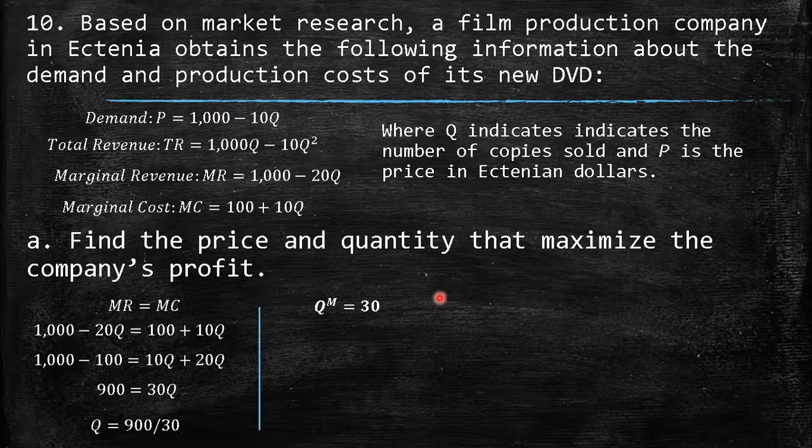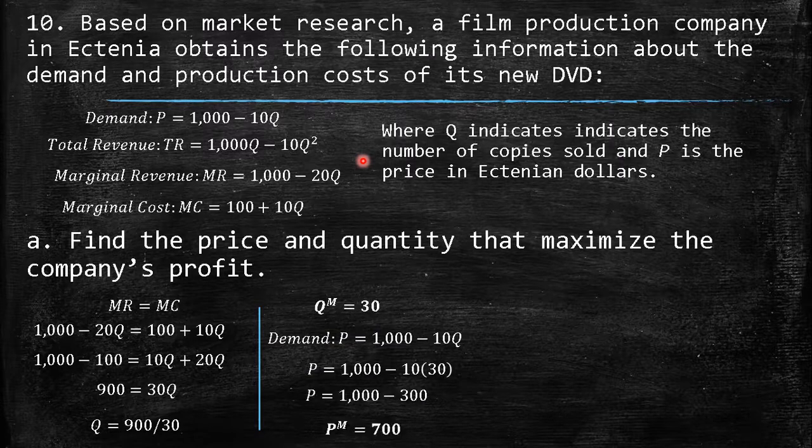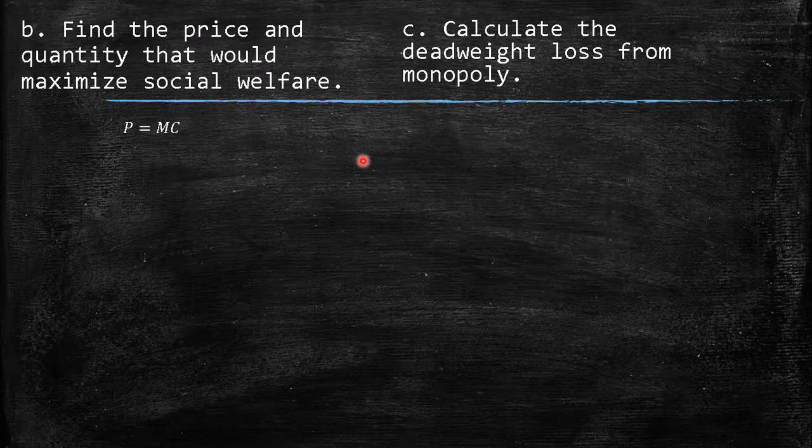Then remember, anytime we need to replace this in the demand, not in marginal revenue. So the price equals this; we replace 30, and the monopolist price is 700.